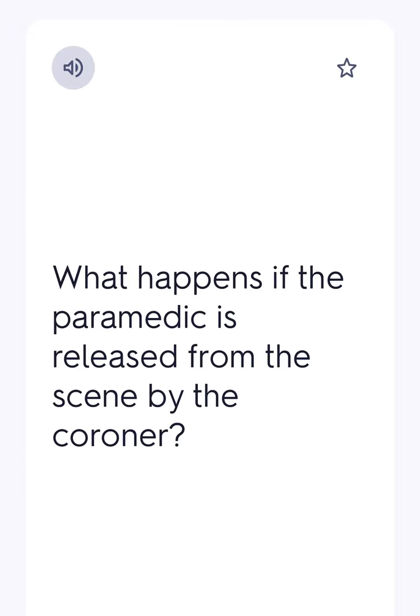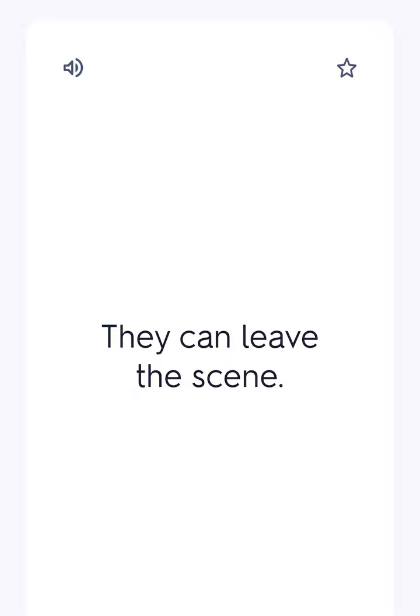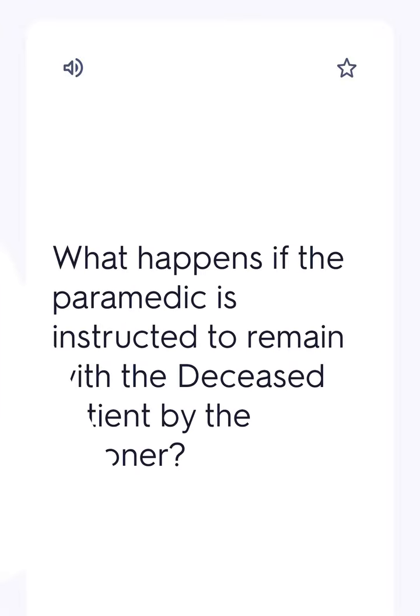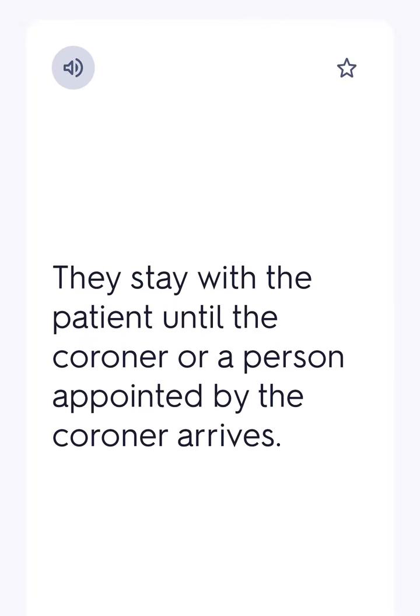If released by the coroner, they can leave the scene. If instructed to remain with the deceased patient, they stay until the coroner or a person appointed by the coroner arrives.